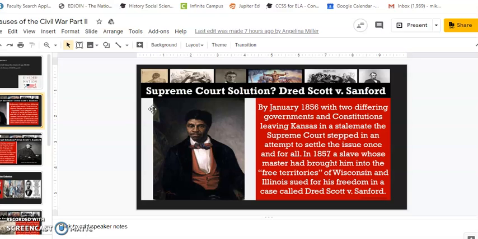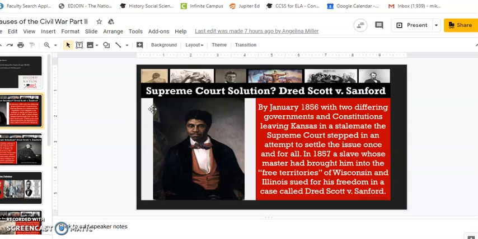He sued Missouri, and the case eventually went up to the Supreme Court, and he argued that he no longer should be considered property and he should be considered free because he was living in a free state, meaning there were no slaves in that state.